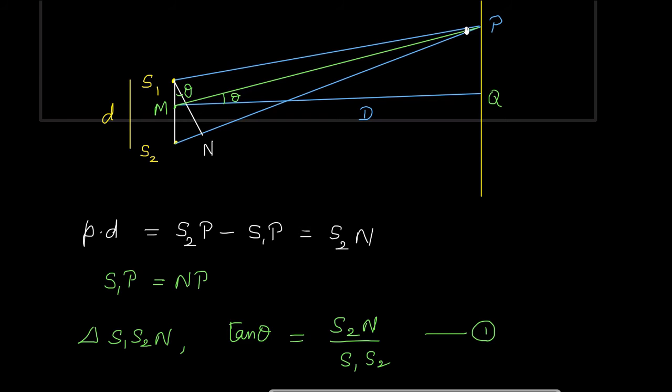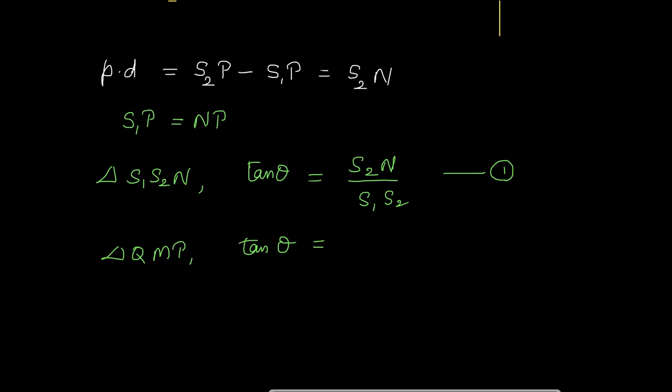We just take an approximation that P is closer to Q. Hence, MP is approximately equal to MQ. Therefore, tan theta equals PQ divided by MQ. Let us call this equation number 2.